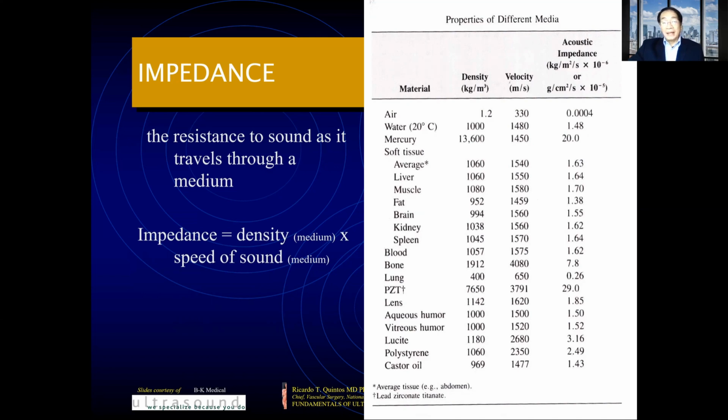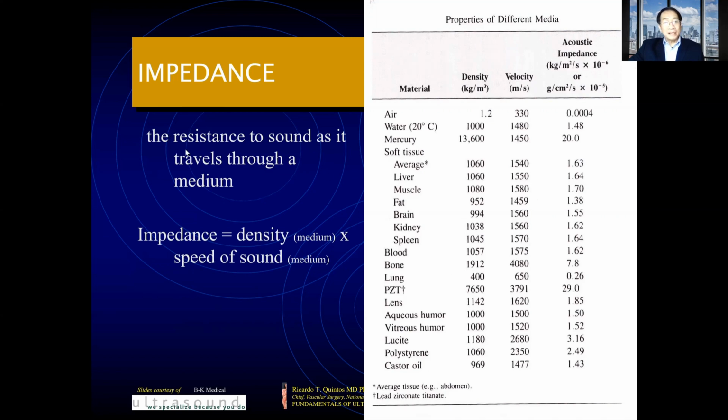But when it reaches bone, there is a very high impedance to the movement of sound, such that it has a very high acoustic impedance. And that is why we generally see that ultrasound will not penetrate bone and we will not be able to see the structures that are underneath the bone.